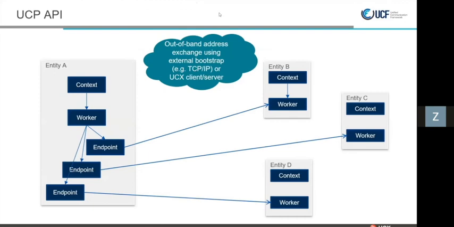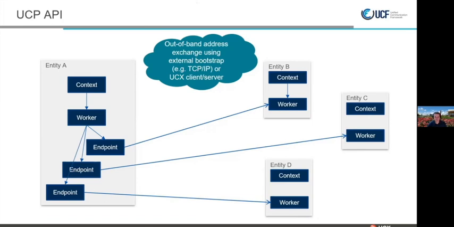So assuming an entity is a node, is every pair of entities having to create unique endpoint worker pairs there? How many endpoints do you have for some number of entities?